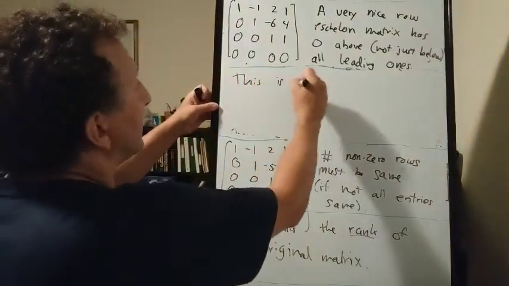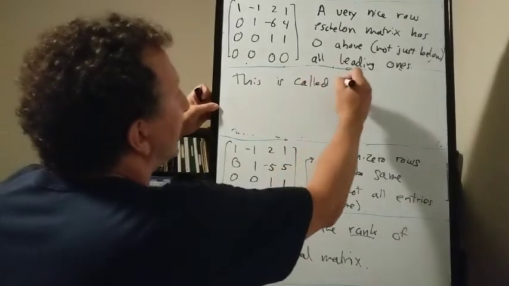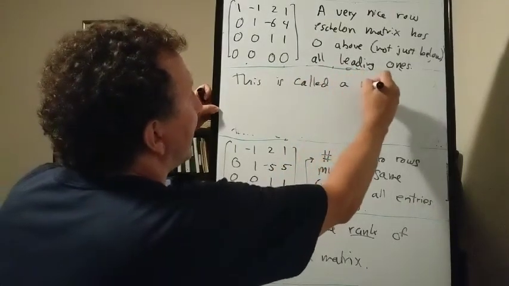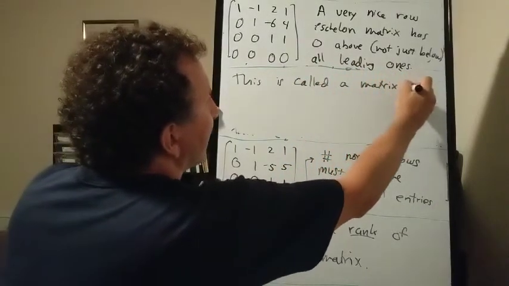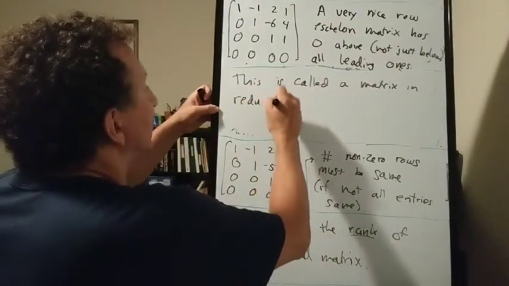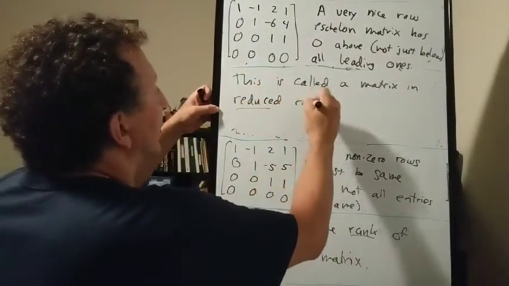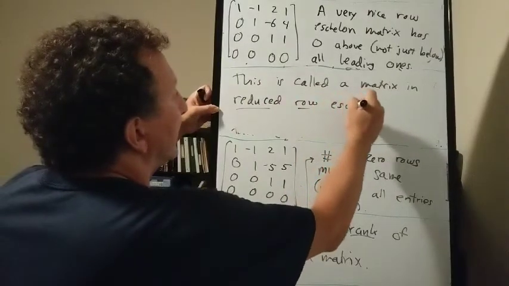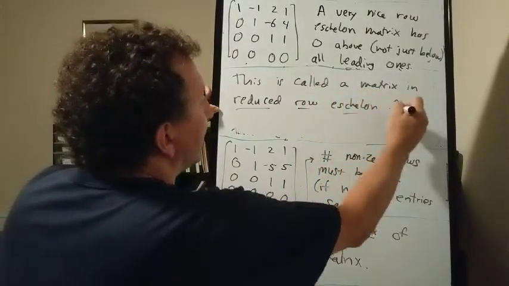And this is called a matrix in reduced row echelon form.